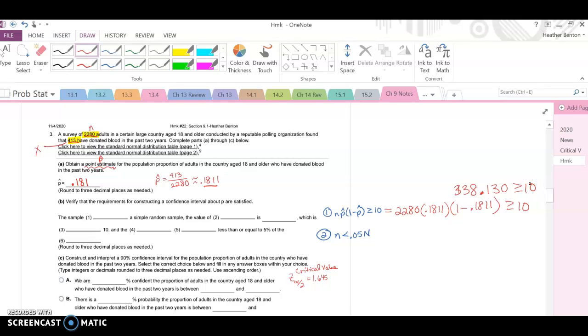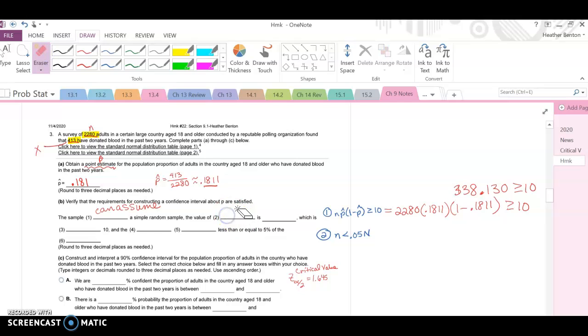So as we fill this in, I don't have the drop down boxes, but what they wanted you to say here is the sample we can assume to be a simple random sample.